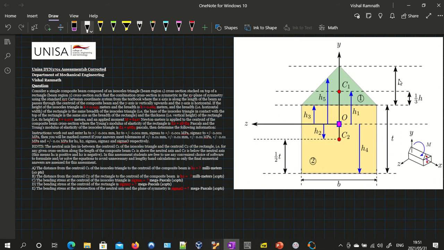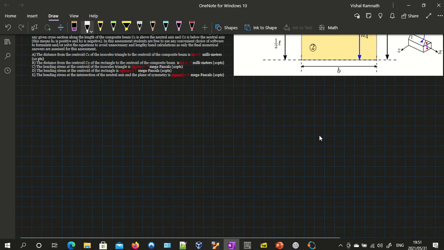So just looking at the geometry, I can express h1, h3, h4, and h5 in terms of the other heights, the height h, t, and b, noting that the centroid is 1/3 of the height from the base of the triangle, and the centroid of the rectangle is in the middle, half of the thickness. So we know that.